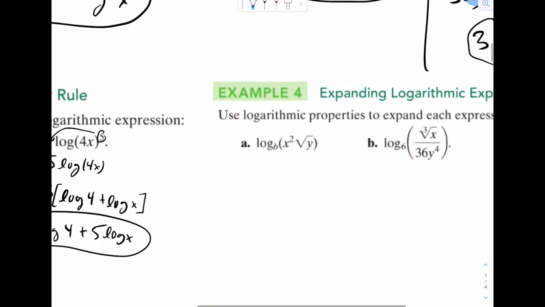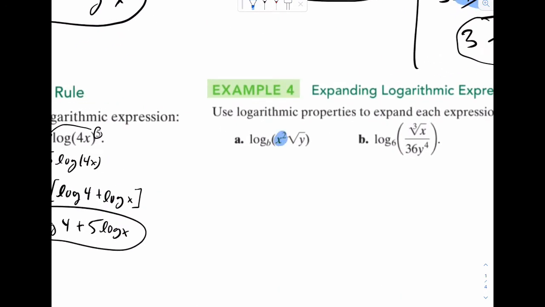You want to be able to identify how many pieces there are. So there's one piece here, one piece here, and do the power rule in your head. So you have 2 log base b of x plus 1/2 log base b of y.